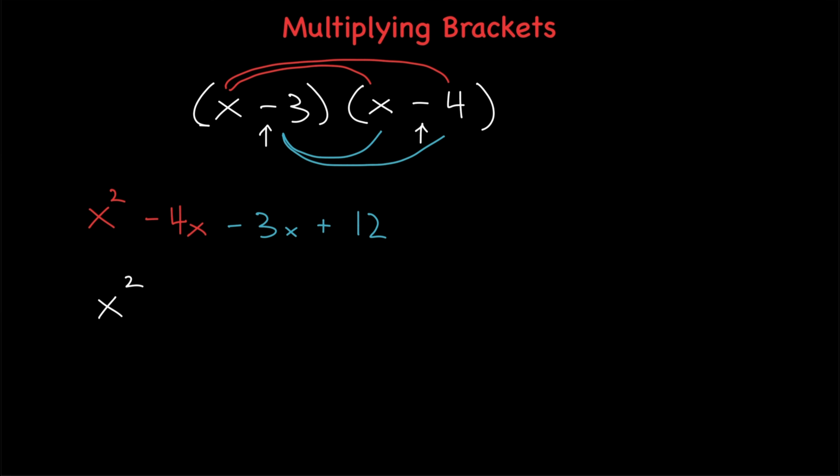X squared minus 4x minus 3x becomes minus 7x plus 12. And that would be the answer. So the method stays the exact same no matter how you multiply brackets together. You just need to be careful of the negative signs, because in cases when you have a negative number times another negative number, it becomes positive.